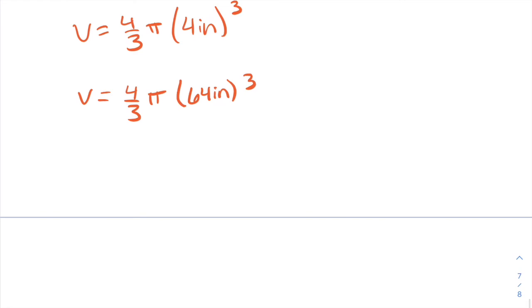And then that's also going to multiply by 4. So we have volume equals 256 pi over 3 inches cubed. So times 3.14 and then divided by 3.